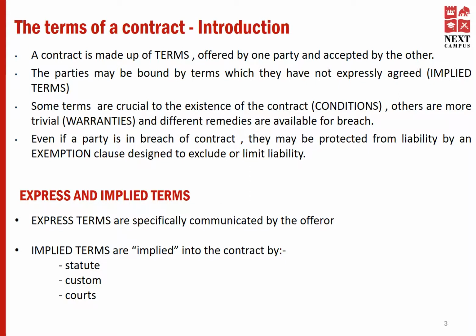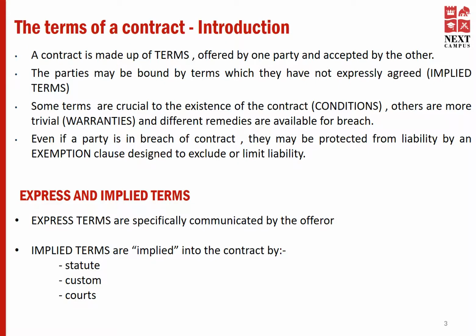And there are a few other terms which are more trivial, such as warranties, and different remedies are available for the breach of each of these terms. Even if a party is in breach of a contract, they may be protected from liability by an exemption clause designed to exclude or limit the liability.